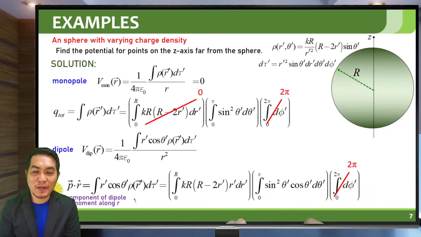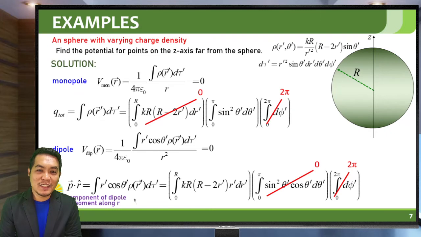Evaluate that from 0 to pi. Since u is sine theta, the evaluation of sine theta from 0 to pi is 0. So you will get 0, and you don't need to evaluate the other integral anymore. So there is no dipole term either. The monopole and dipole terms are all 0.